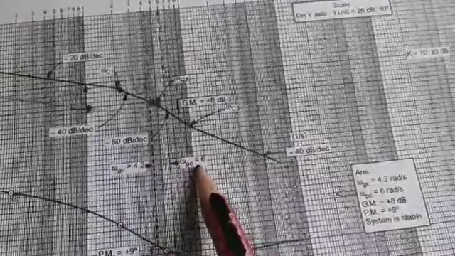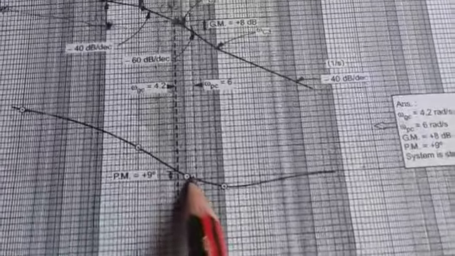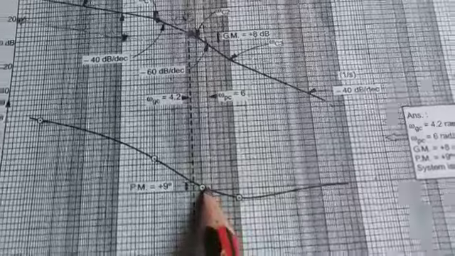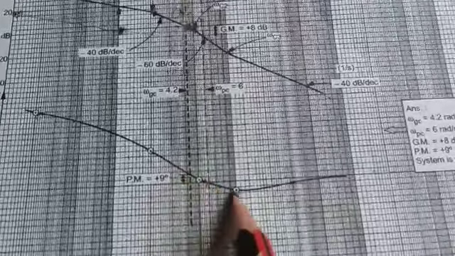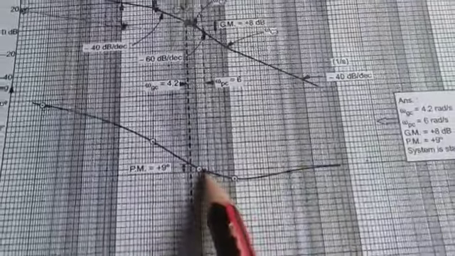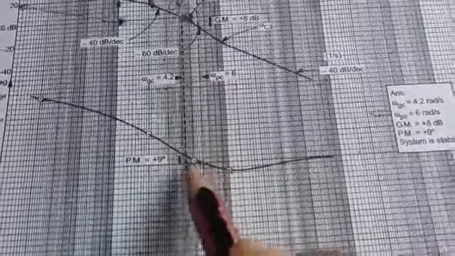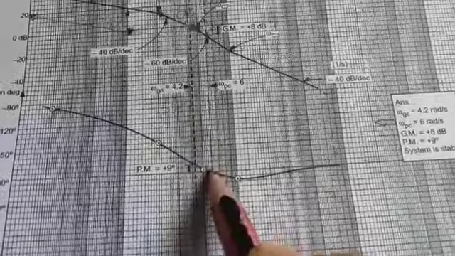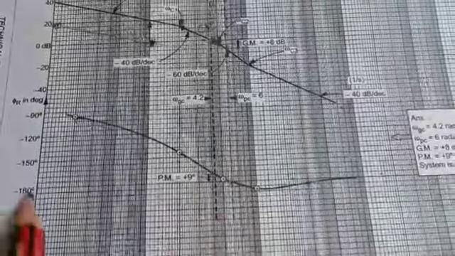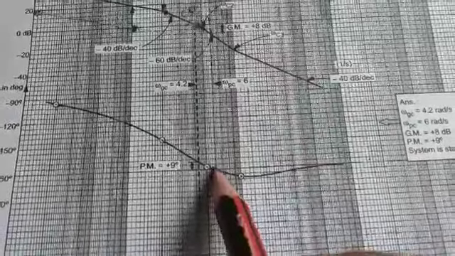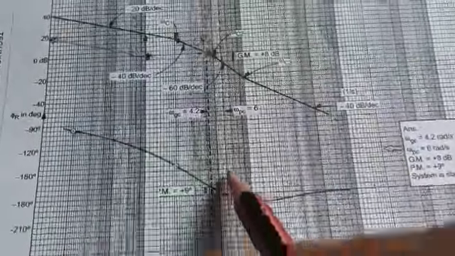Next, omega PC. How to find out omega PC? The minus 180 line is dark. You see after this the dark line is crossing 180. Mark the point at 180. The 180 line and this phase angle line intersect. At that point mark a straight line.